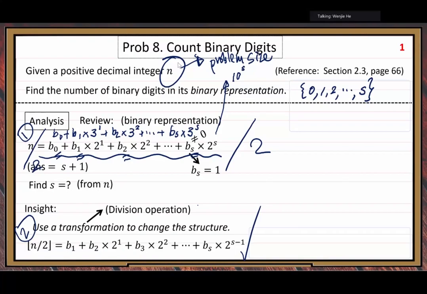Here, it's not a counting number, right? So this is a different way to use the problem size. And the problem size here is another counting number. We call it magnitude. Another case for understanding the problem size: magnitude.